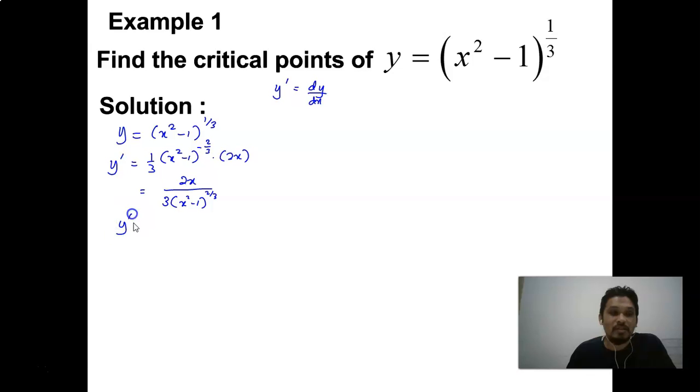Let's make y prime equal to 0: 2x divided by 3(x squared minus 1) to the power of 2 over 3 equals 0.